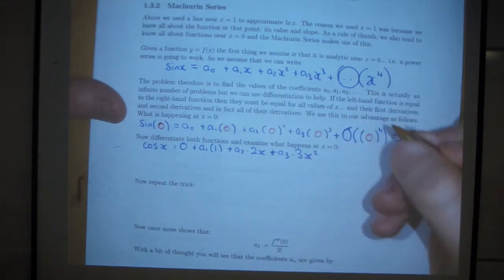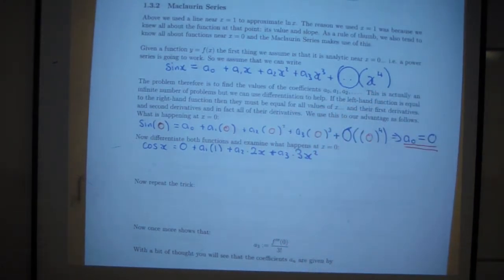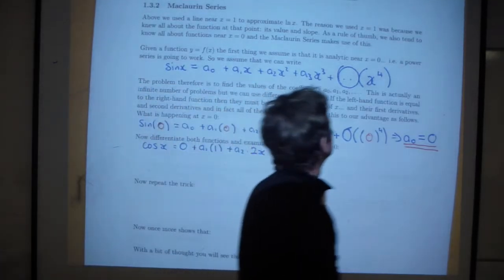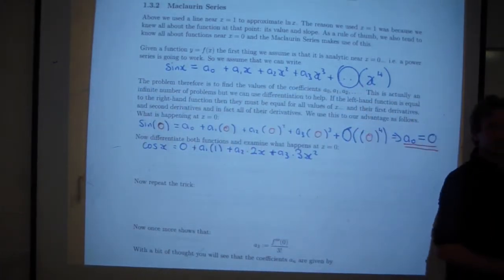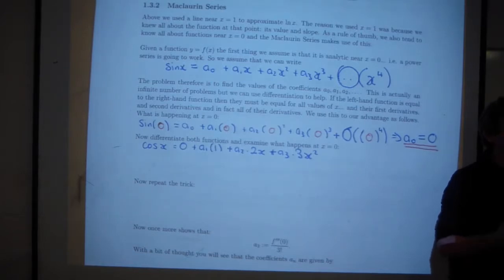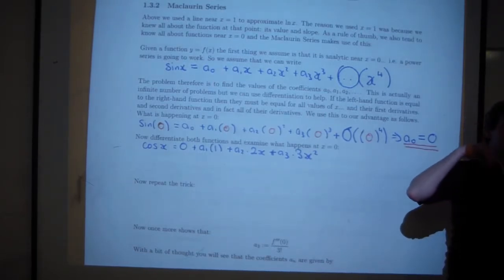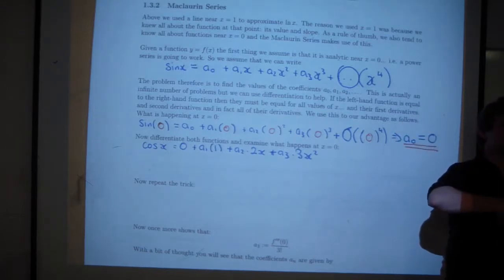And here's the good bit. If you differentiate things that are multiples of x to the 4, they are multiples of x cubed. Because if it's x to the 4 times something, you have a product rule.